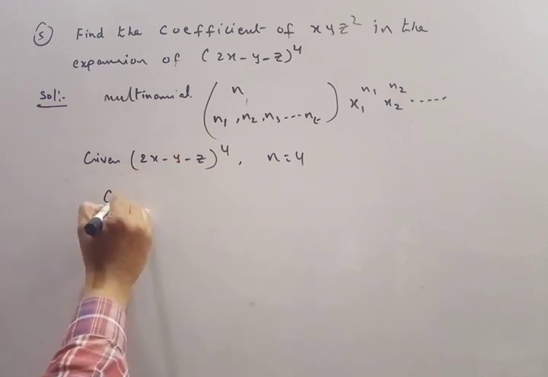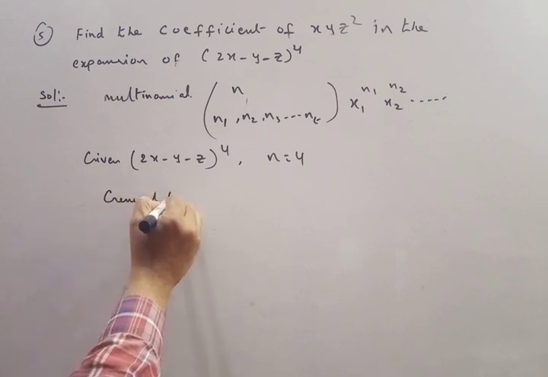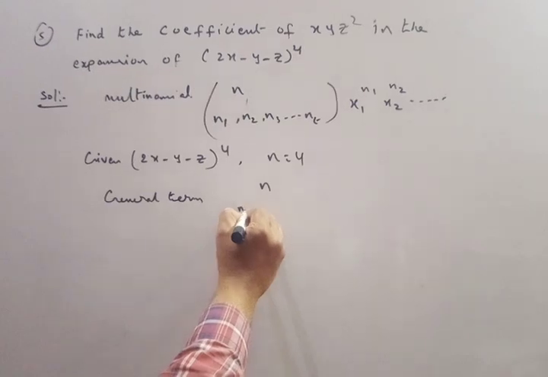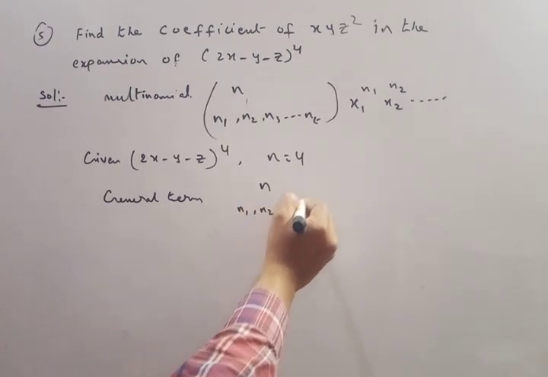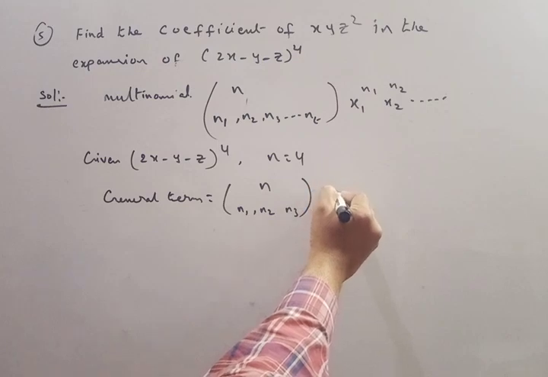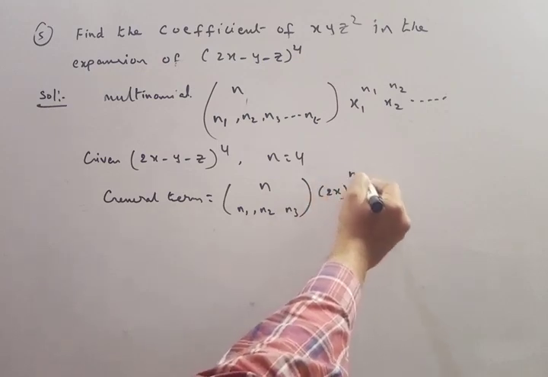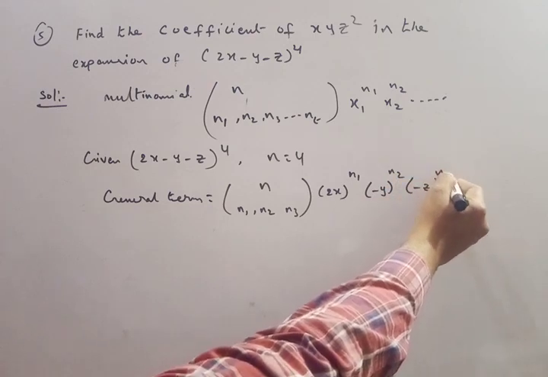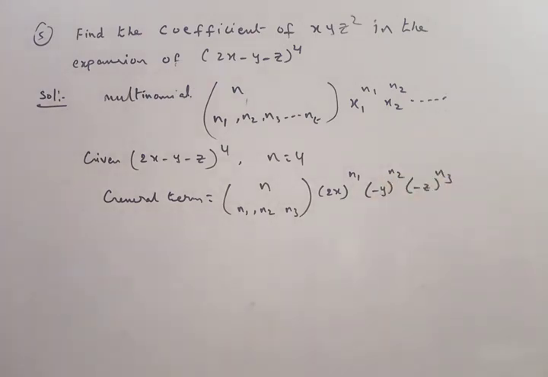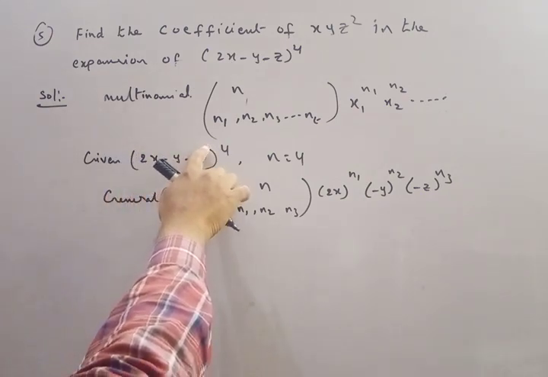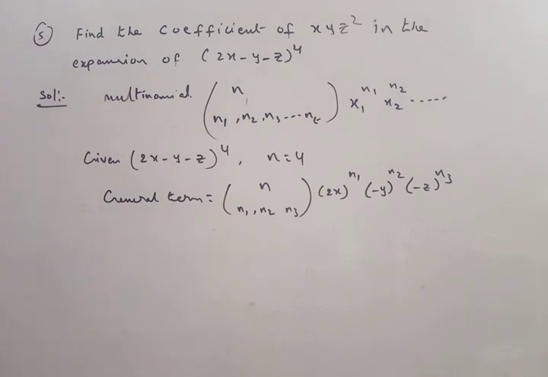What is the general term here? n factorial by n1, n2, n3; three terms are there. The general term is into x1, that is, 2x power n1 and minus y power n2 and minus z power n3. Understand? So now what do we get here?